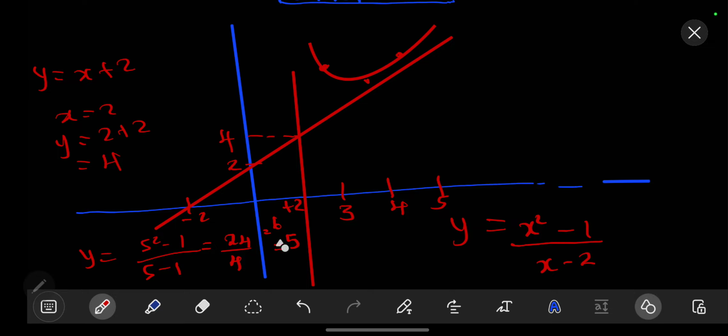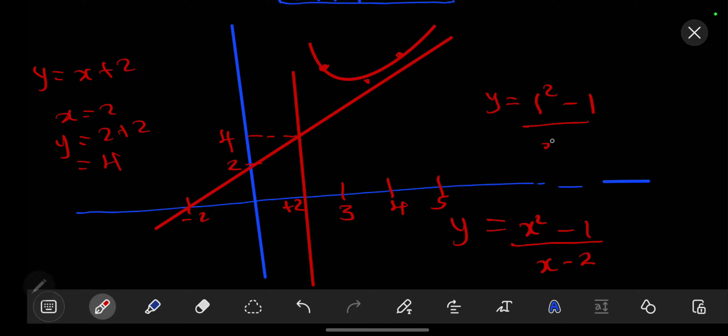Now let's see what happens as we go to the left of the asymptote. Let's say I use 1. If I replace in the original equation, y should be equal to, where there is x, I'll put 1 squared minus 1 over x, which is just 1.